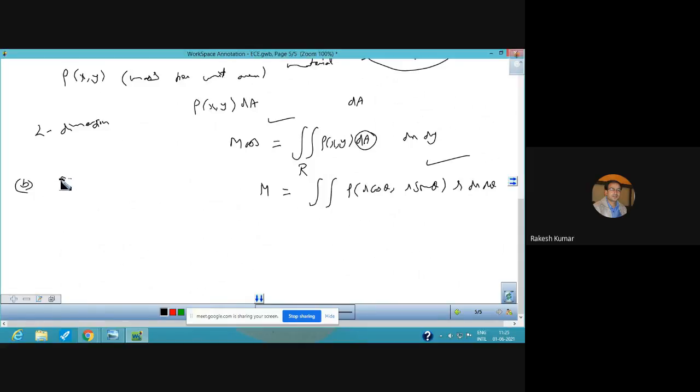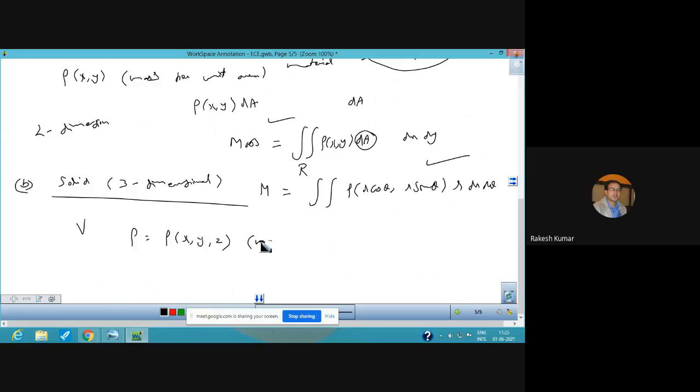Now, for the case of a solid, meaning a three-dimensional solid, we will consider the region capital V thought of as a solid body of variable density. So the variable density is taken as rho of x, y, z.